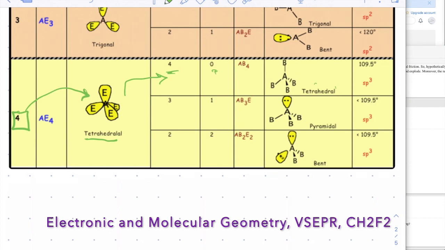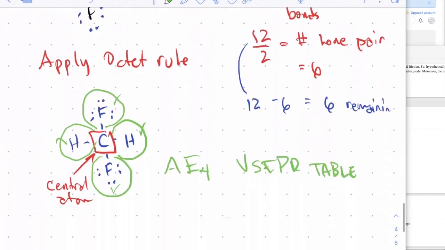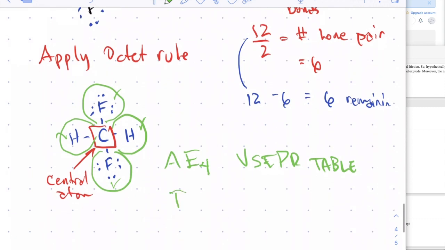Its designation for the electronic geometry is AX4, and its molecular geometry is AB4, meaning that there are 4 atoms around the central atom. So we know that this particular chemical is tetrahedral. So that's what I'm going to put right here, tetrahedral. And its molecular geometry designation is AB4.